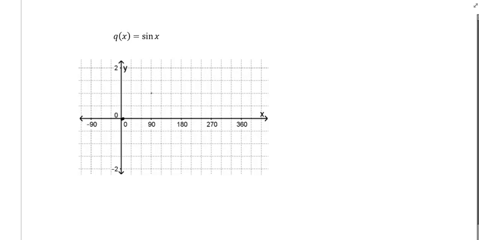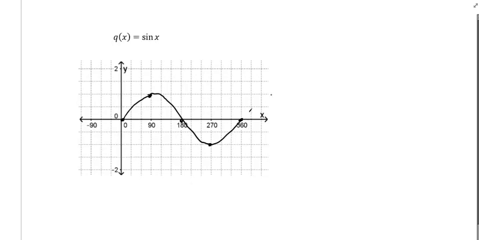Sine starts here. At 90, it's at 1. 180, it's at 0. 270, it's back at negative 1. 360, it's back at 0. And continues, if I wanted it to, like that. Okay, so what was the point of all that?